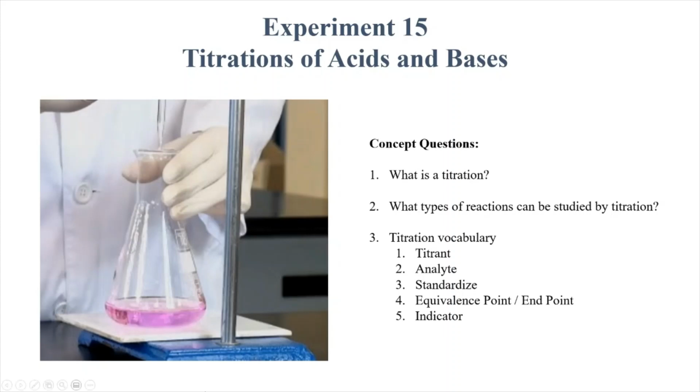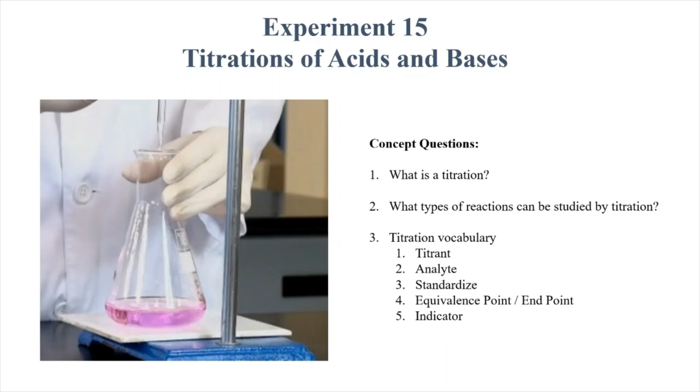So let's talk about what types of reactions can be studied by titration. From class, we've harped on the acid-base titrations, which are very common. But you can also do other types of reactions by titration, and one of the more notable ones is redox reactions. In redox titrations, you can use an oxidizing agent or reducing agent as your titrant, and in the analyte you would have the other.